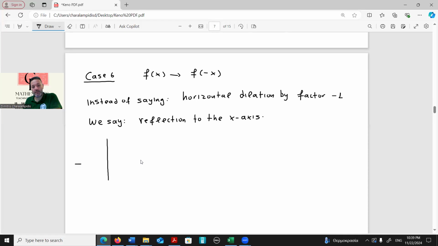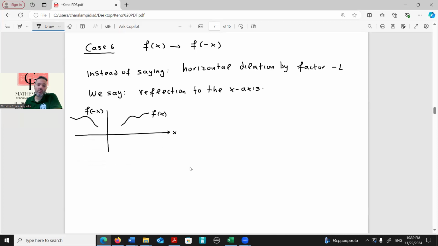Geometrically speaking, this means that if this is the f of x, then that would be the f of minus x.